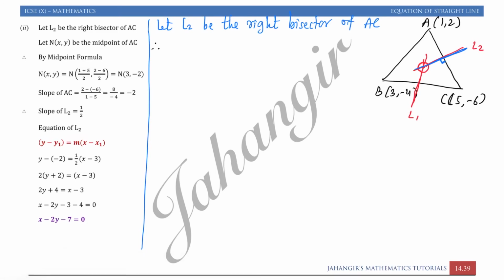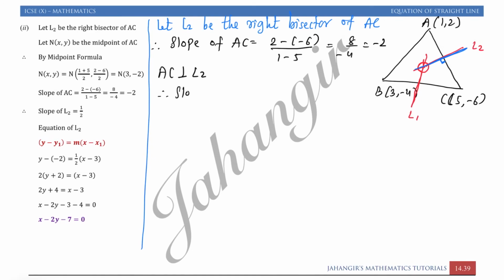So therefore slope of AC is 2 minus of minus 6 upon 1 minus 5, that is 8 by minus 4, that is minus 2. Now we know AC is perpendicular to L2. So therefore slope of L2 is the negative reciprocal, you will get 1 by 2.